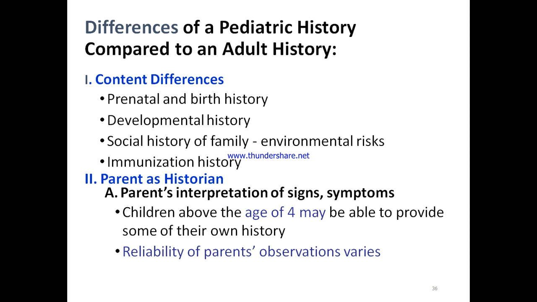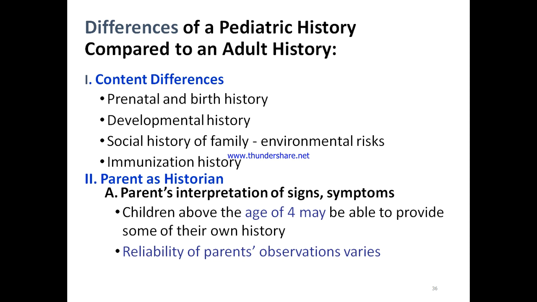The other part of pediatric history which is different from adult history is developmental history, or what is the age and developmental history of the pediatric patient. Especially, it's the best way of assessing the pediatric patient. Developmental history is one of the most crucial parts of the history of pediatrics.